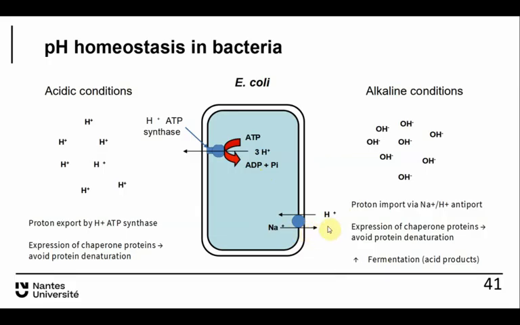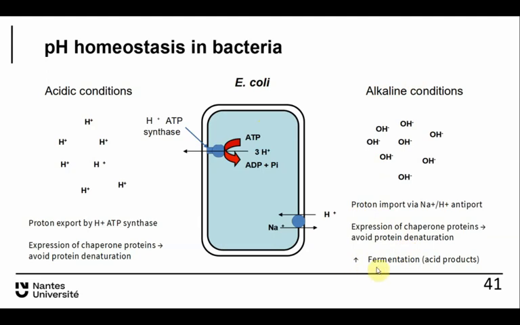And once again, this will cost energy because the protons that are being exported here will have to be re-imported somehow with another kind of transport system, and that will cost energy. So import protons when the conditions are alkaline, and once again, chaperone proteins to prevent protein denaturation and precipitation.